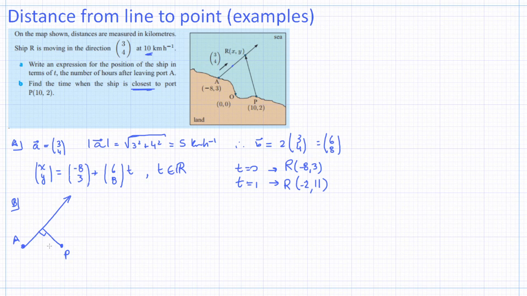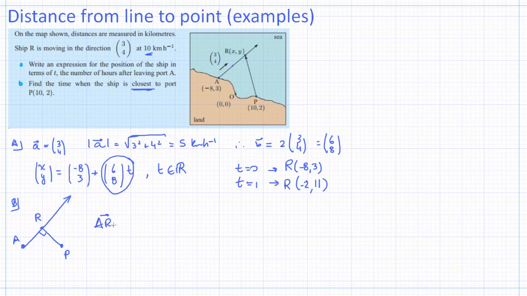So I'm going to have two vectors which are perpendicular here. So I just need to get this direction vector, which is the direction vector of my vector equation. And well, if I call this point R, let's do AR.